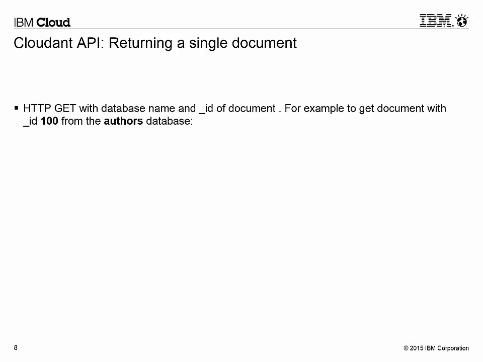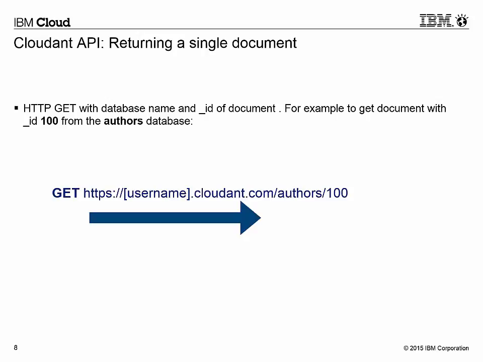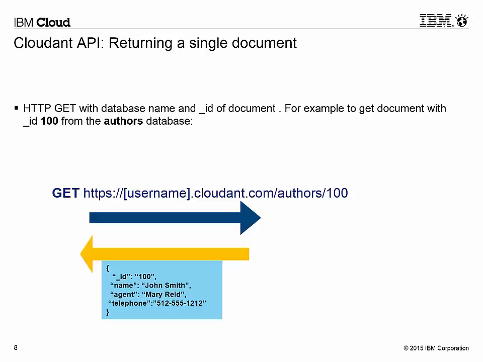So here's an example of getting a document with ID 100 from the authors database. As you can see, it's a GET request to the appropriate URL followed by the name of the database, authors, followed by the ID. And what's returned is the JSON document that represents the document that we just fetched.